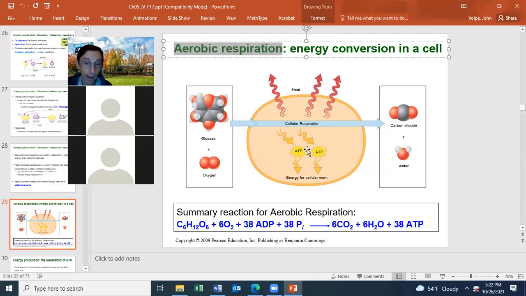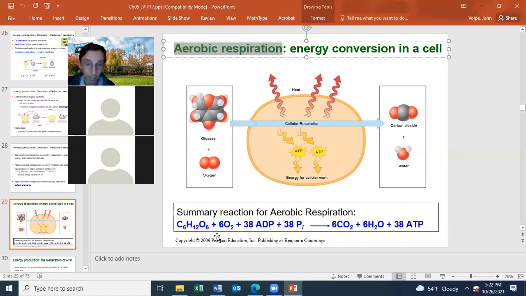A summary reaction for aerobic respiration is glucose, which you should know, if you do not, is C6H12O6, gets together with 6 oxygen molecules, and then 38 ADP molecules, and 38 inorganic phosphate.